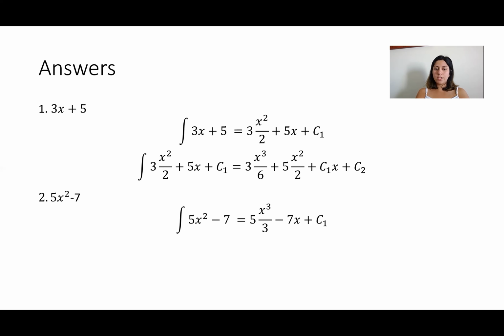If we integrate it once more, then we have 5. It's x to the power of 4. Sorry, this one is x to the power of 4, it's not x cubed. So we will get 5 times x to the power of 4 divided by 12 minus 7 times x squared divided by 2 plus c1x plus c2.